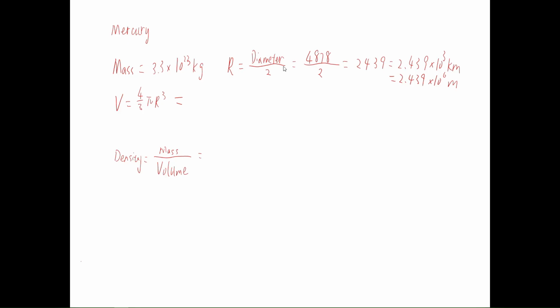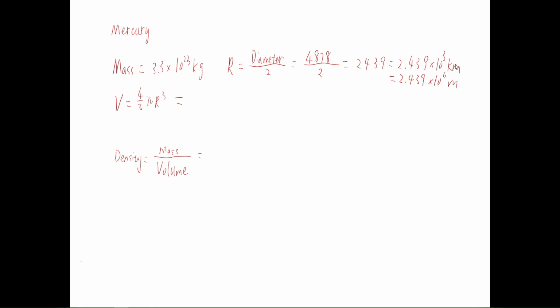Mercury's diameter from the previous slides is 4,878 kilometers. If we divide by 2, that gives you 2,439 kilometers. In scientific notation, that is 2.439 times 10 to the third kilometers.